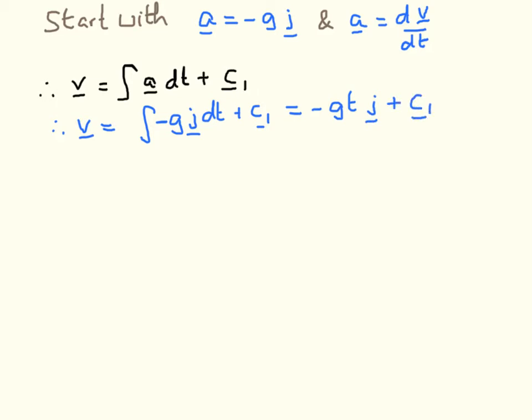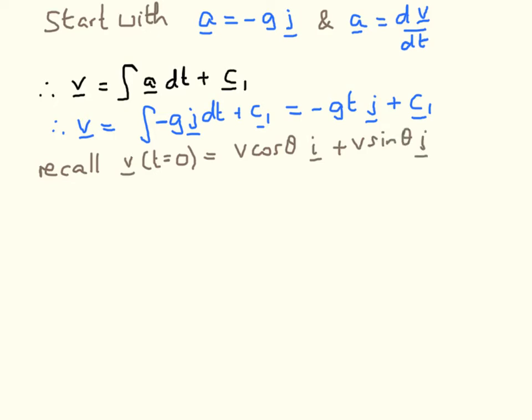So now let's recall one of our boundary conditions from the first slide, and that was that at t is 0 the velocity was v cos theta in the i direction, that's the horizontal part, plus v sine theta in the j direction, that was the initial vertical component of the velocity.